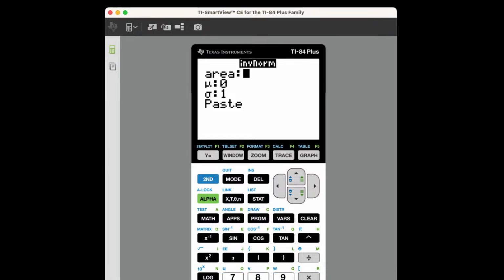So now put 0.96. Put your mean of 100. Standard deviation of 15. Paste that in. What do you guys get? You get the exact same answer.